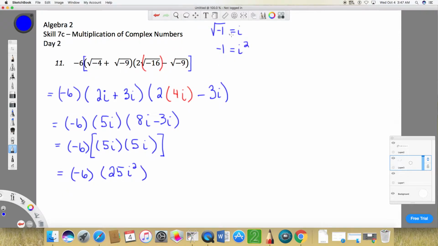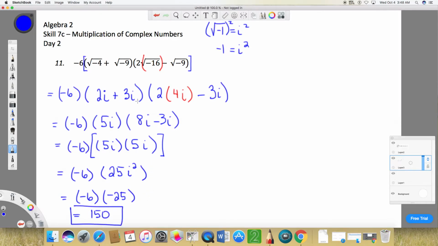If you square both sides of this equation, if you square a radical, the radical goes away. And so we have -6 times, well, that 25 becomes -25 when you multiply it by -1. And -6 times -25 is 150.